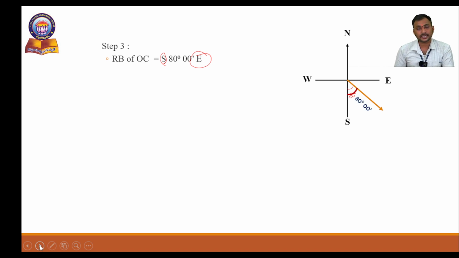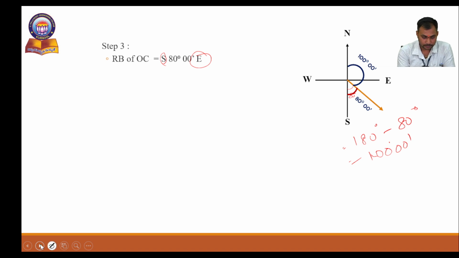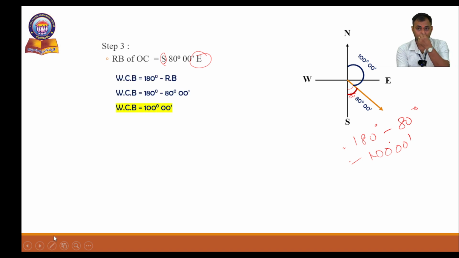So that is 80 degrees from south towards the east direction. Now 180 degrees minus 80 degrees. So what is the whole circle bearing? 100 degrees 00 minutes, my dear students.